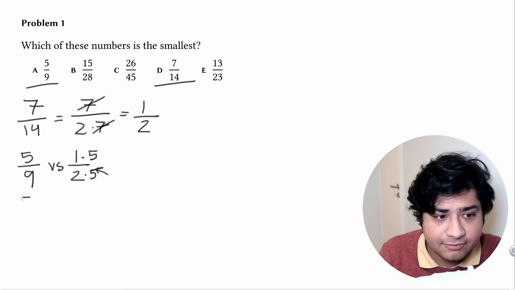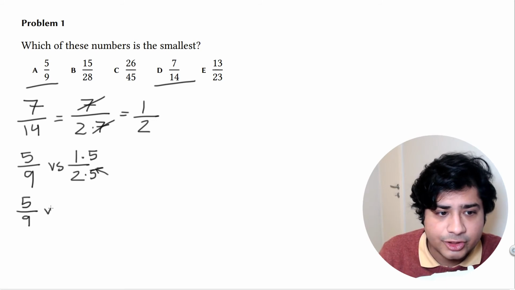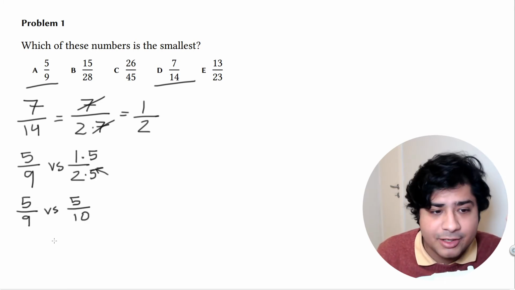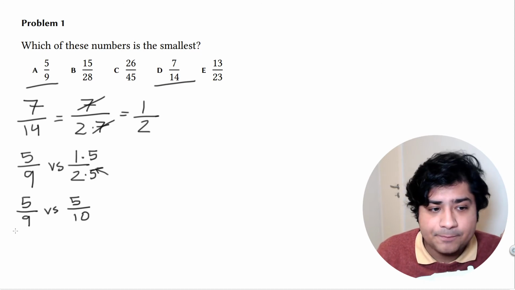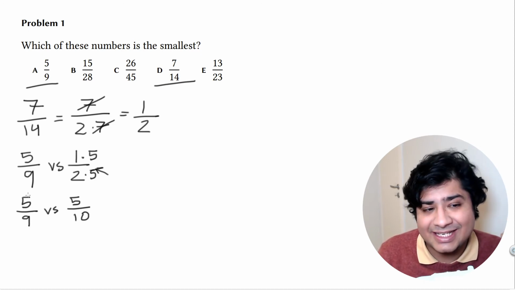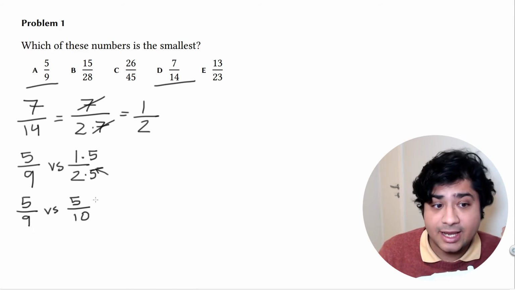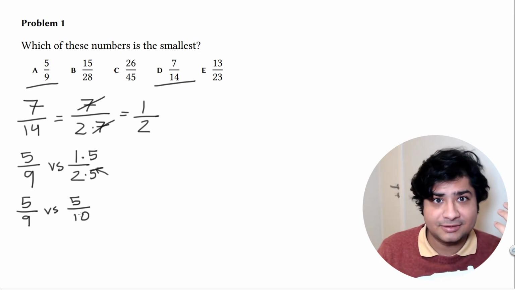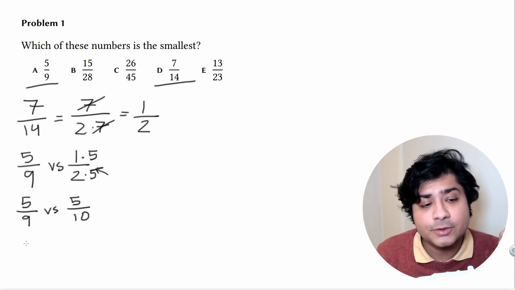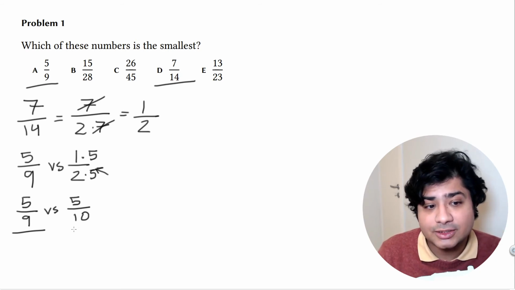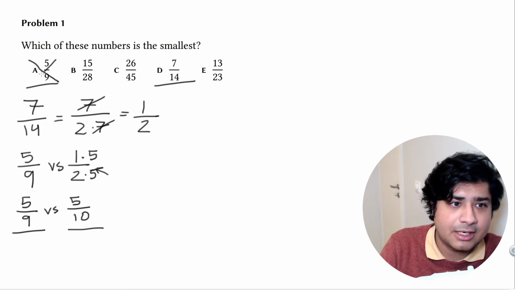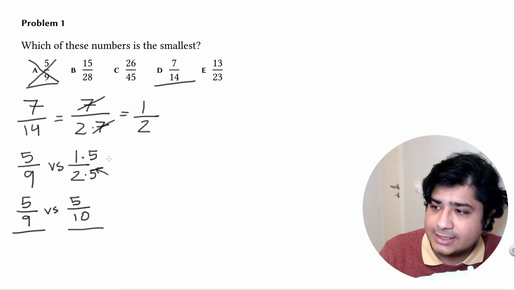Then I would get 5 over 9 versus 5 over 2 times 5, that's 10. Well, now I can compare them, right? Because this number right here is 5 divided by 9, and then this number is 5 divided by 10, which is a higher number than the 9, right? So then from that, I know that this number must be bigger than this number, which means that this number now is not in the competition anymore. We can discard that.